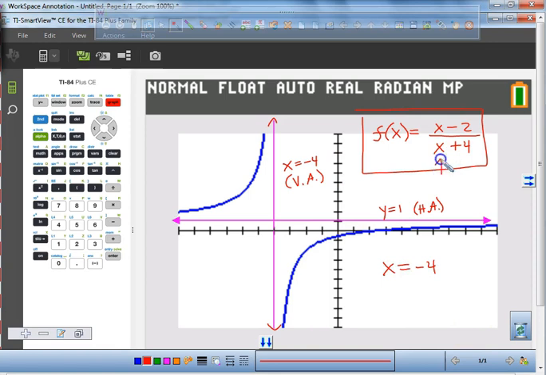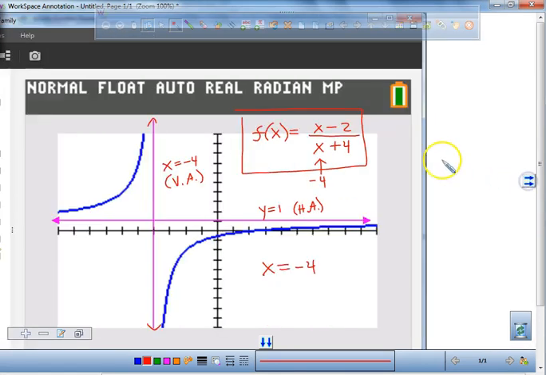So if we were to plug in a negative 4 right here, what's going to happen to this denominator right here? It's going to equal 0, right? And so anytime you make a denominator equal to 0, that's where this vertical asymptote right here is created. So do we have continuity or discontinuity? Discontinuity. What type? Infinite.